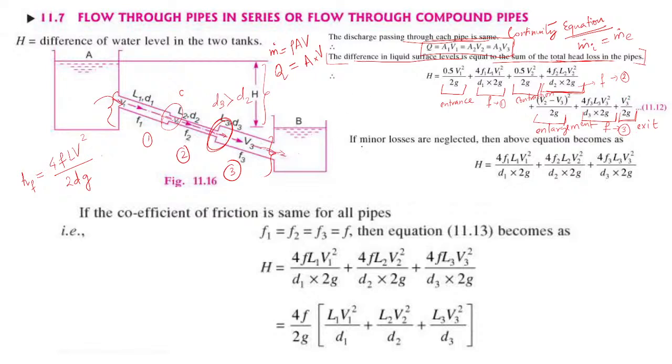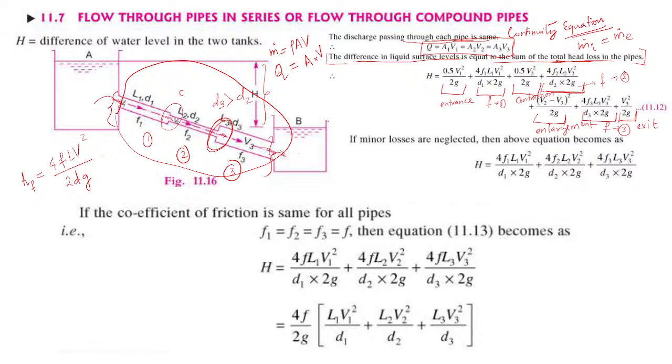Fine. Now you might have a question in your mind, a very common question: ma'am, why are we not considering the exit or the entry part when the fluid is moving from 1 to 2 or 2 to 3, because the fluid is also entering and leaving from this 2 again, right? That might be a question. But here we are taking losses only when this entire thing is a pipe, right? This 1 to 3 is a pipe.